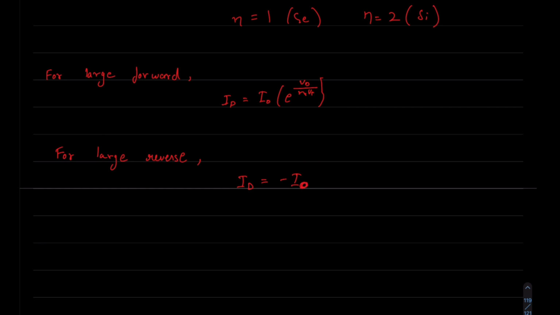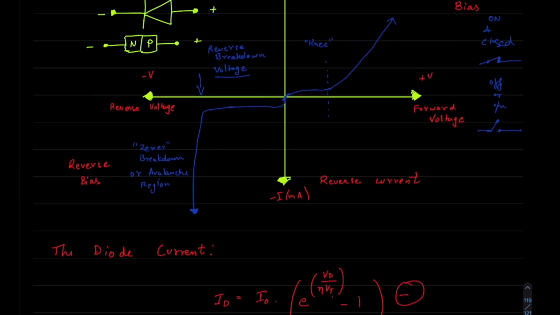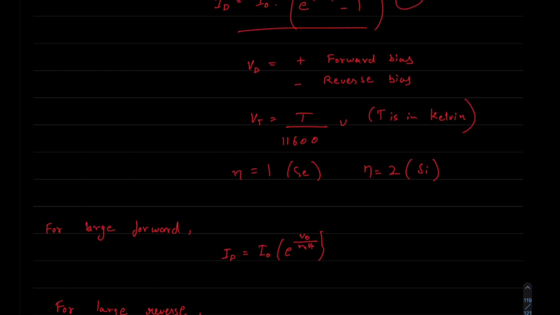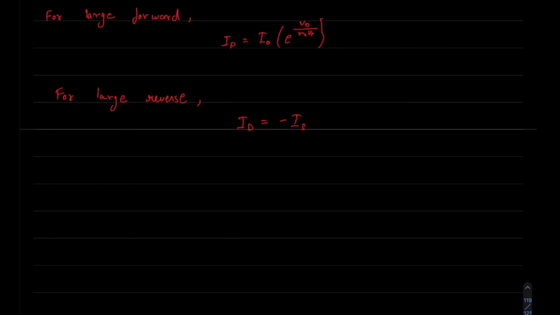Let's make it, instead of I naught, let's say Is, the saturation current, negative of the saturation current. For large reverse bias, that is all the current that flows through the diode. We can see that here. This Is is all the current that flows for large voltages before the breakdown voltage occurs.